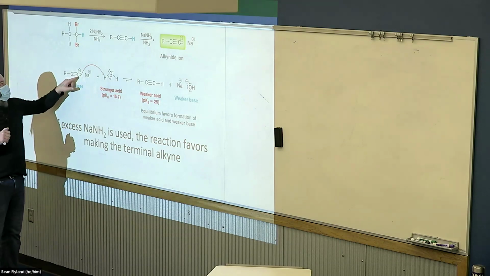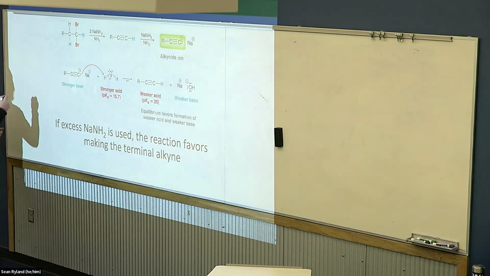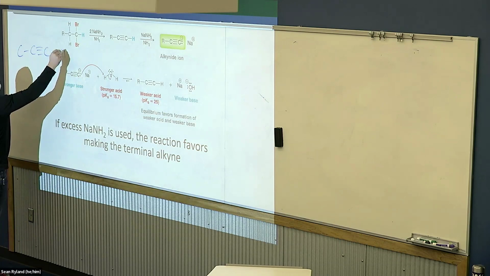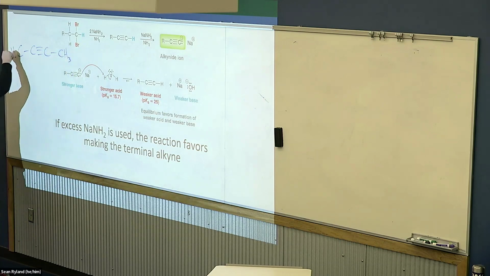If it's not a terminal alkyne, we have this molecule, for instance, 2-butyne. If this is in the presence of that excess amide, it'll actually rearrange itself to turn into the terminal alkyne so that it has a proton it can give.